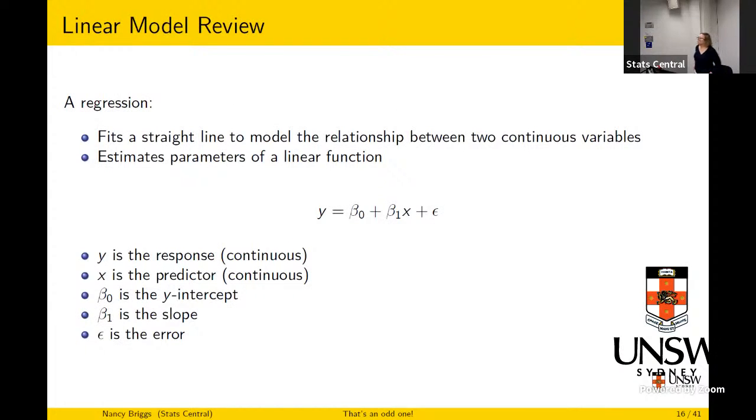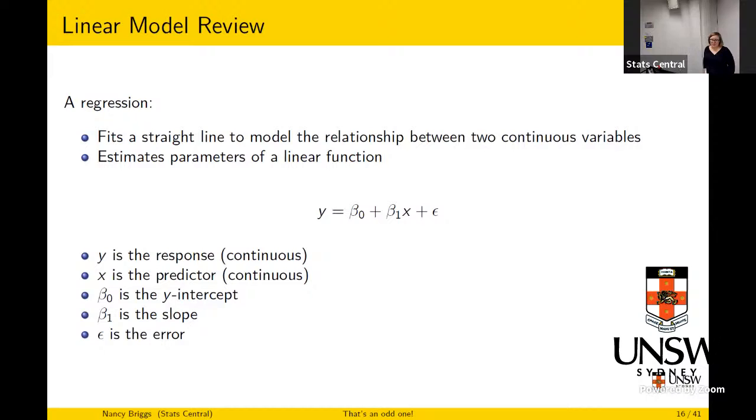So let me do a very quick linear model review, because I'm going to start getting into how we use the outputs from linear model analyses. A regression line fits a straight line to the model relationship between variables, and we typically motivate it by 2 continuous variables, but sometimes we have other types of variables as well.